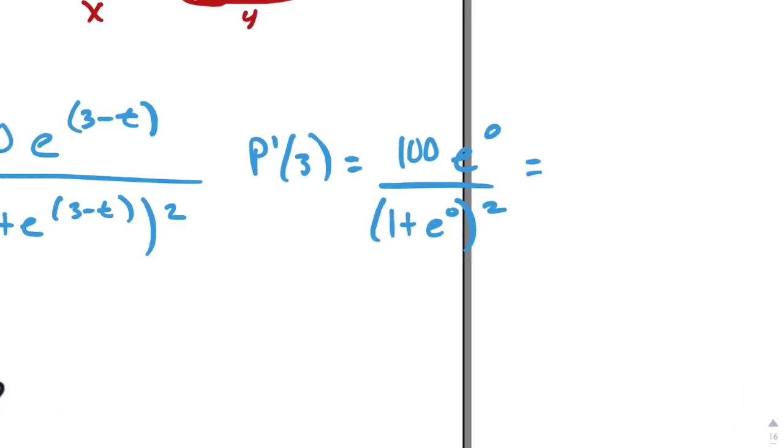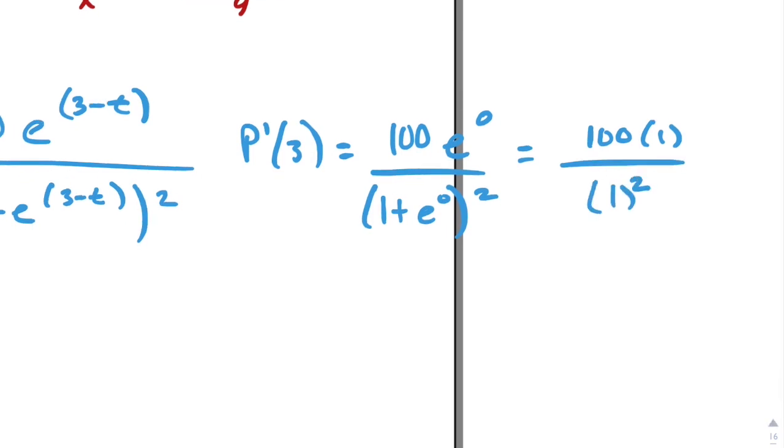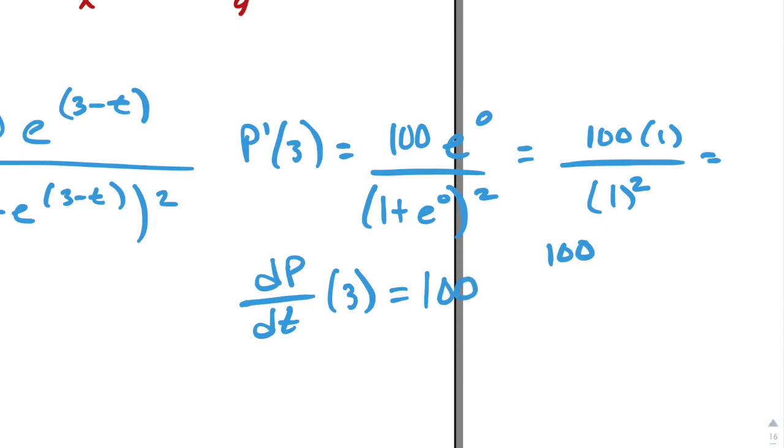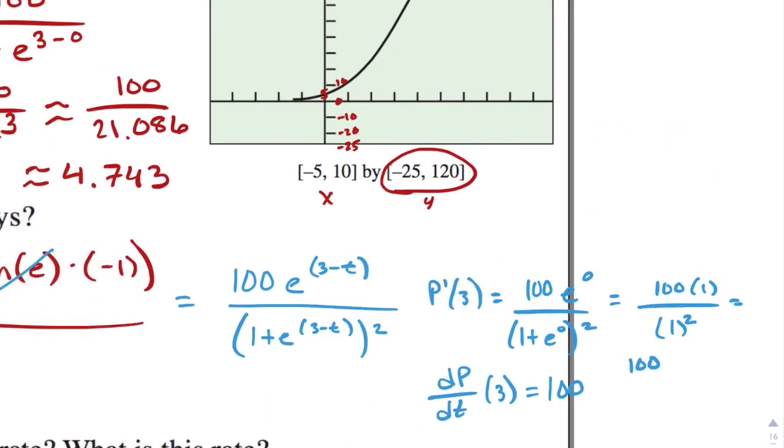E to the 0 is 1, so it's 100 times 1 over 1 squared, so it's 100. So it's increasing at the rate of, so dP/dt at 3 is 100 students.